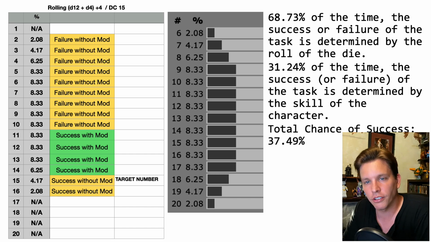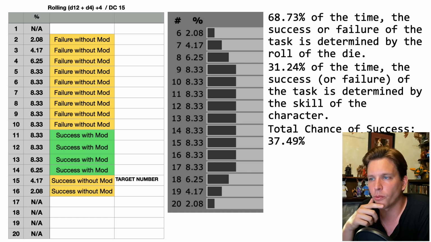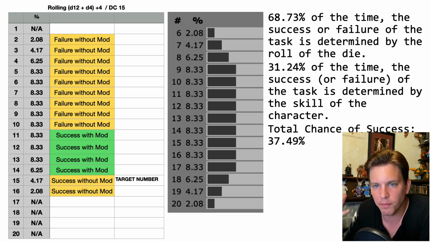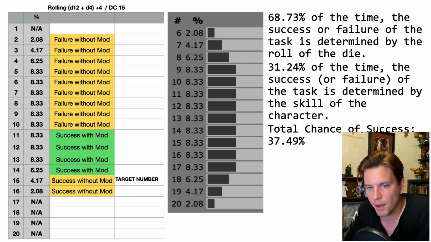But our total chance of success is higher, 37.49% of the time, because if you are somebody who says, I want the attempt at making the roll on the dice, using this system you would have it. That means that a little bit over 6% of the time, you would be able to roll a 15 or a 16 and accomplish the task regardless of your modifier.